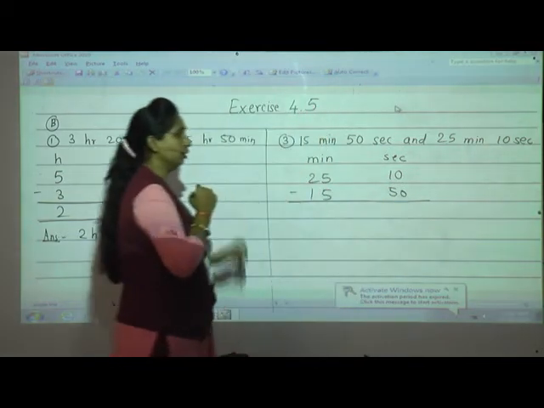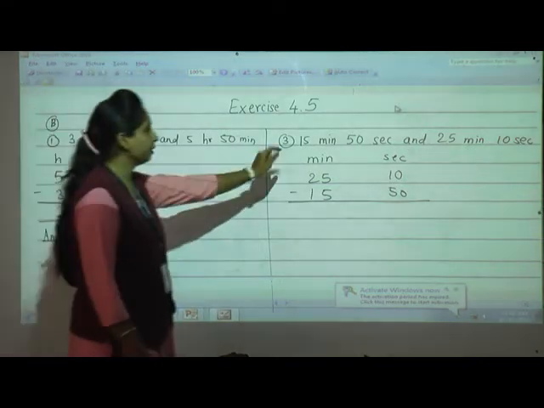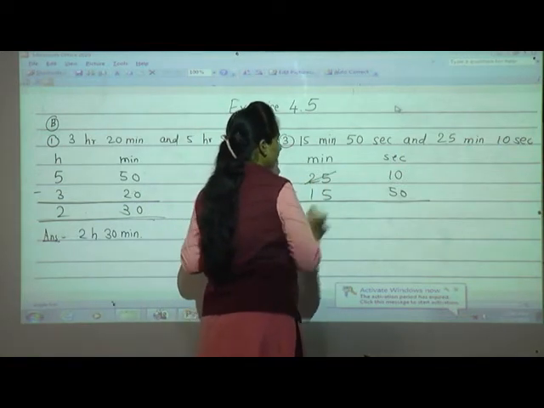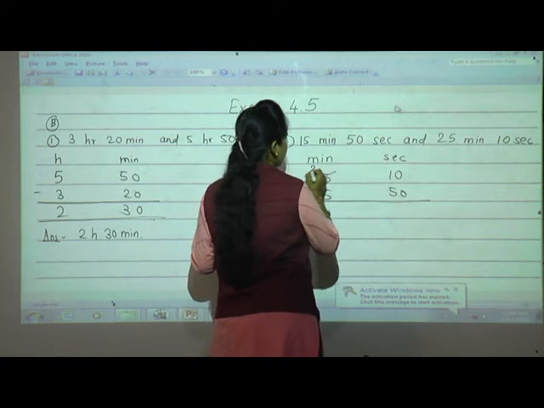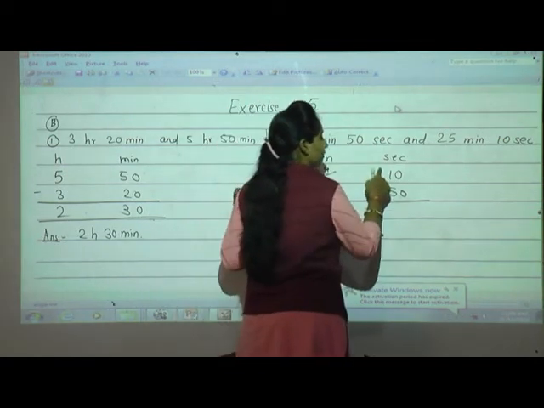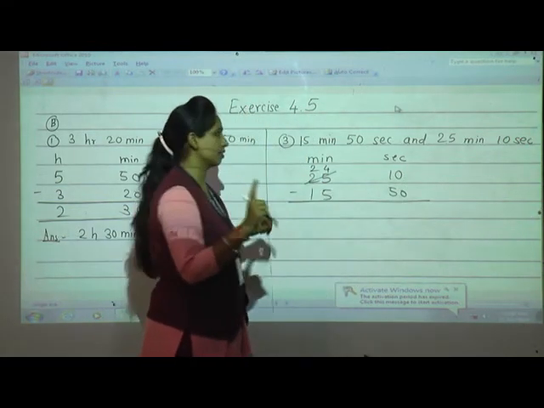Now see here, 10 seconds minus 50 we cannot do, isn't it? So what we have to do in this case? We have to borrow 1 minute from 25. See, 25 minutes, if we borrow 1 minute, 24 will remain, and when we are borrowing minutes to seconds, 1 minute is equal to 60 seconds.